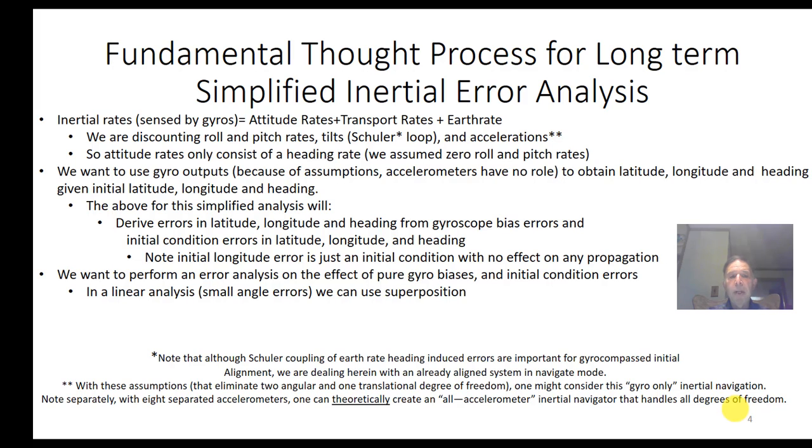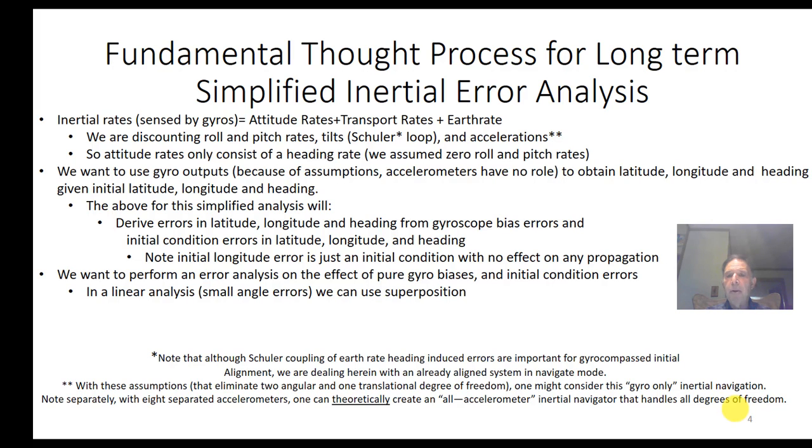As I said previously, we are discounting any vertical motion and any tilts and any accelerations. In this case, the attitude rates will only be heading rates, and earth rate will be 15.04 degrees per hour around the polar axis.